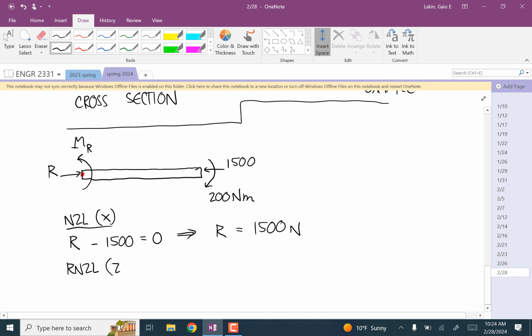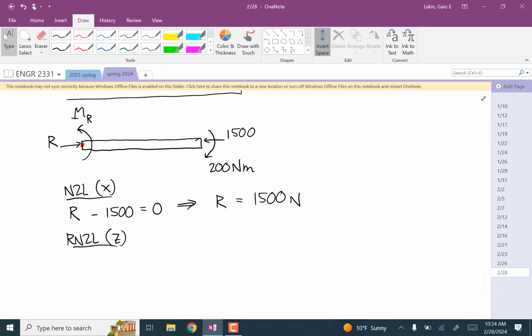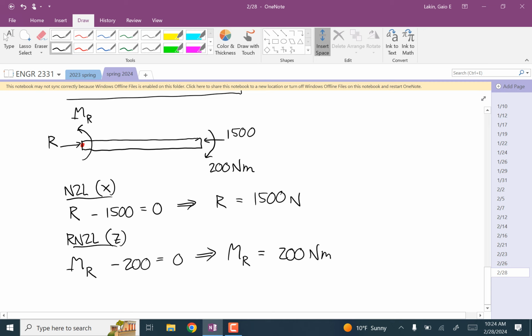And the moment equation about Z, we have MR minus 200 is equal to 0. So MR is equal to 200 Newton meters.